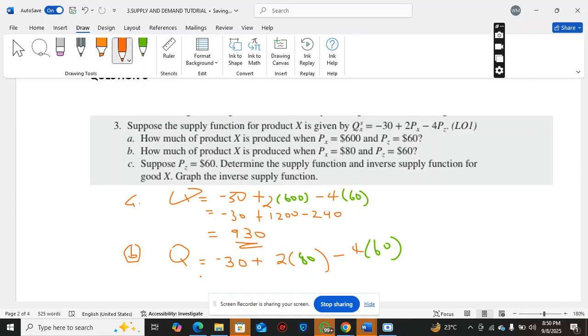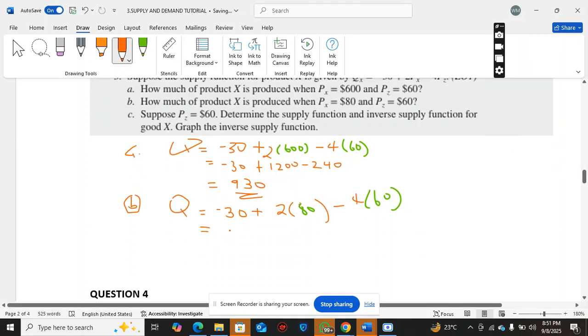So I'm going to say negative 30, 2 times 80, that is 160, minus 240.